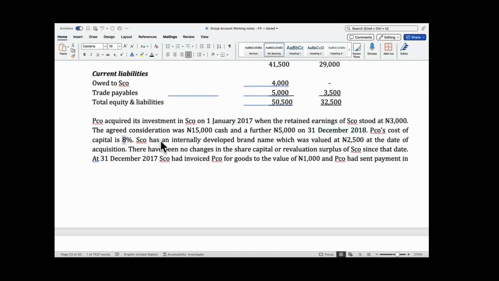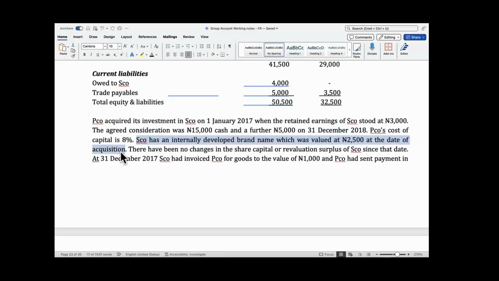Now, there's something we haven't seen before. They said the subsidiary has an internally developed brand name of 25,000 at the date of acquisition. We haven't seen this one before, right? Can I joggle your mind a little bit? What do we do with this?